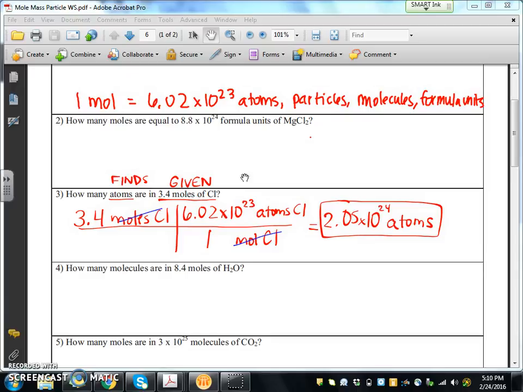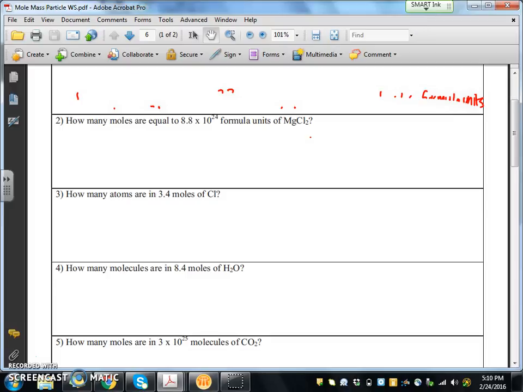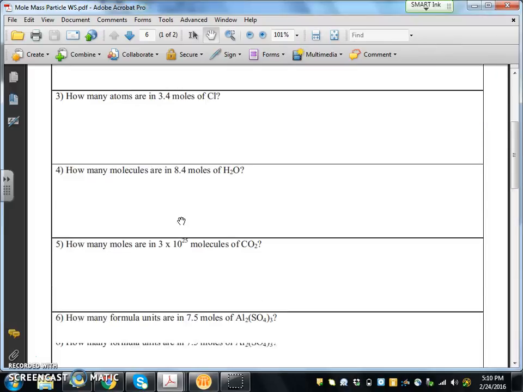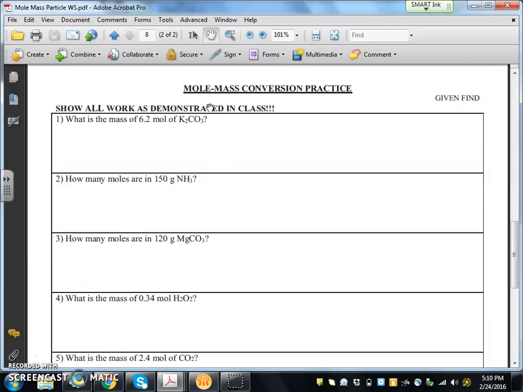So if we get rid of problem number 3, and we look at the back side of this worksheet, we can actually get rid of all of this now. If we clear all of this out and we go to the back side of the page, this next part says mole to mass conversion practice.